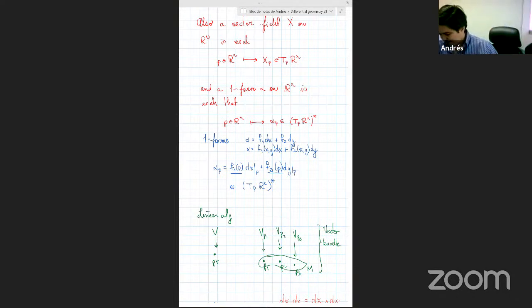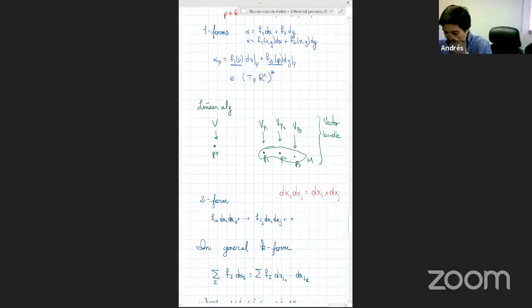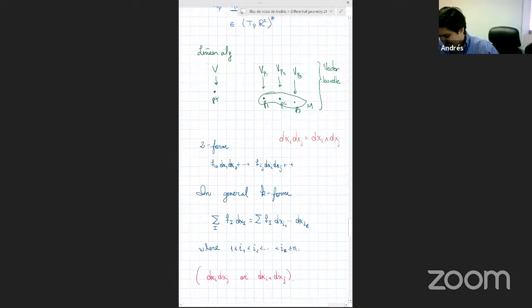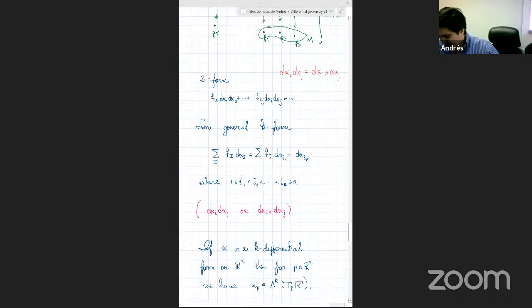Right, so we have the general description of differential K-form in Euclidean space. So we will not see manifolds until tomorrow. Today, only Euclidean space. So again, I'm going to repeat this. Roughly speaking, a K-differential form is that at every point, you have a vector in this vector space. All right?